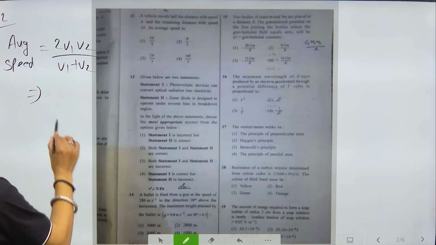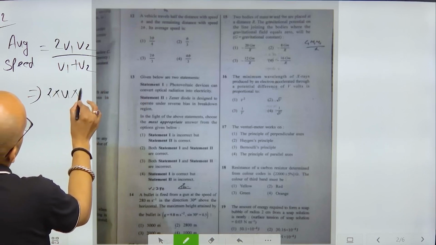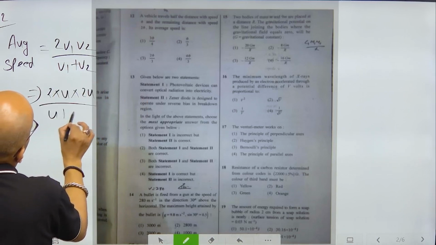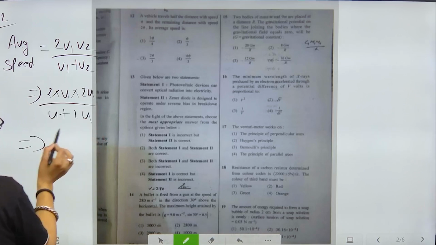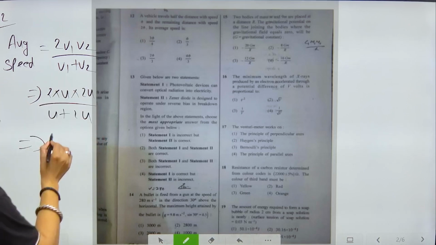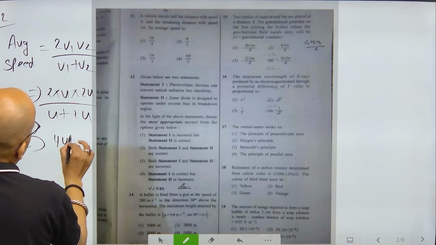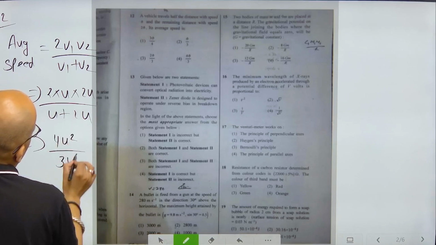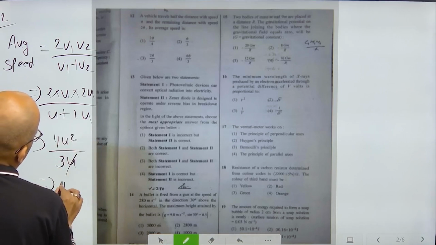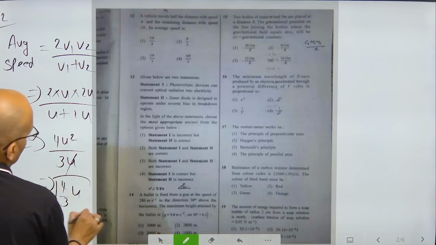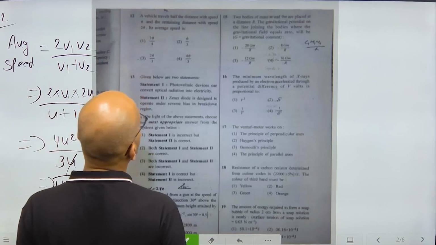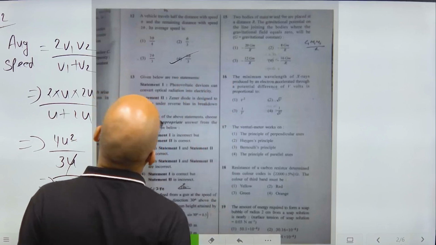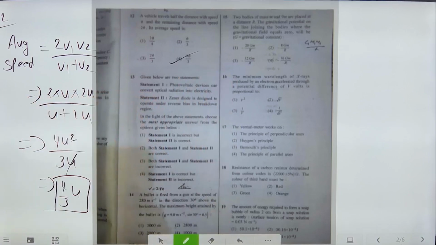So now you can apply 2u into 2u upon u plus 2u. So you will get 4u square upon 3u. U cancelled. So 4 by 3 times u. So option 4, 4u by 3 is correct. Fine. Moving on.